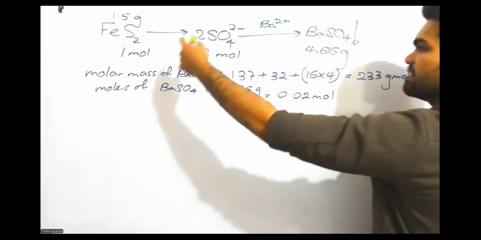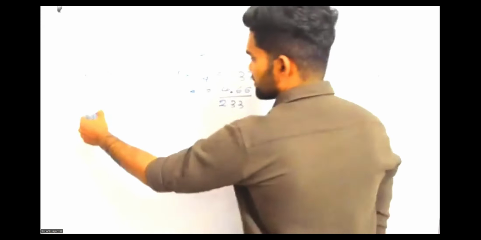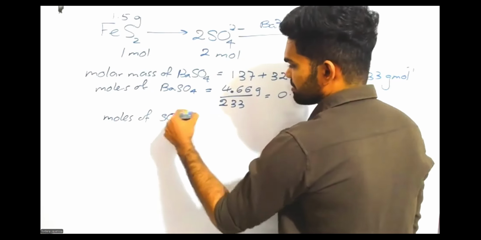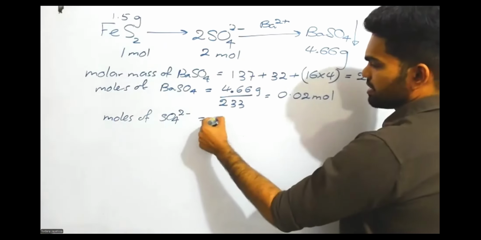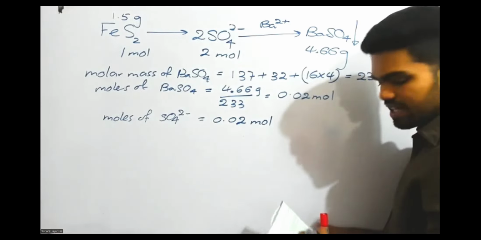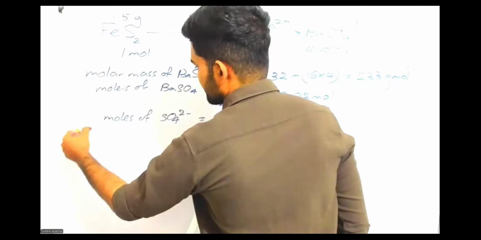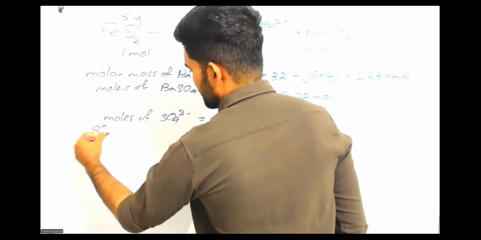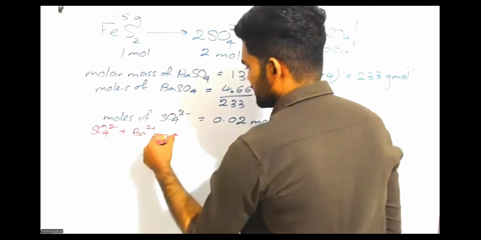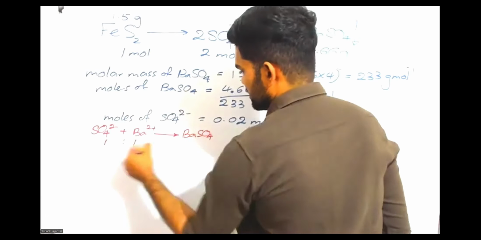Then you need to address the stoichiometry. So the moles of sulfate given is the same, no? That is also 0.02 moles. If you need, you can write a balanced chemical equation for this: SO4 2 minus is added with barium 2 plus to give BaSO4, and the ratios are 1, 1 and 1.